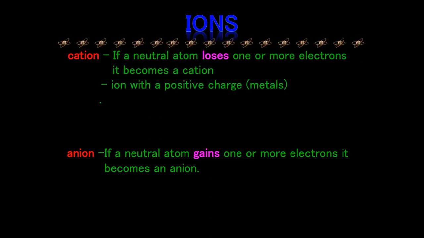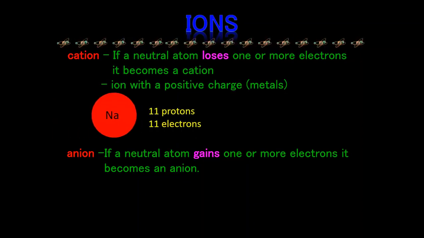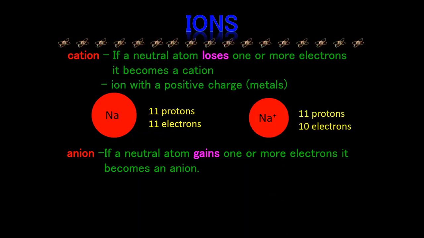For example, a sodium atom has 11 protons and 11 electrons. When it loses one electron, it will become a sodium ion, or Na positive. Positive charge because it has more protons than electrons.